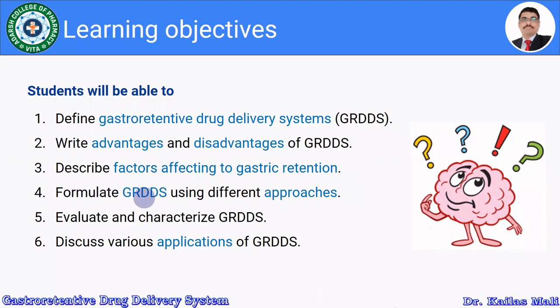Then we are going to discuss the evaluation and characterization of the gastroretentive drug delivery system. And finally, the applications. So these are the learning objectives which I have set for the topic gastroretentive drug delivery system.